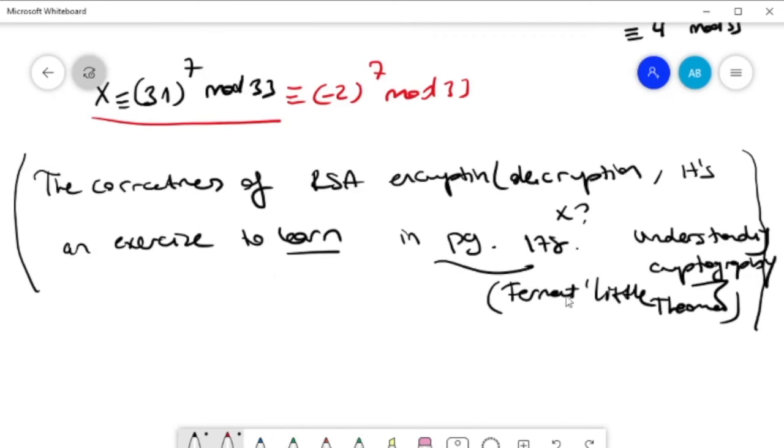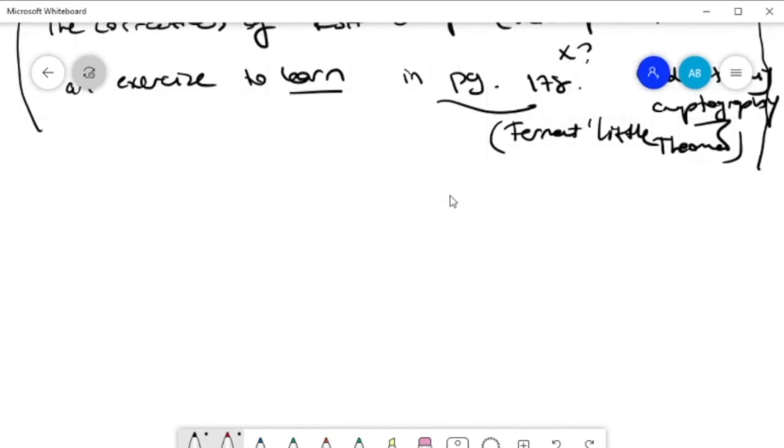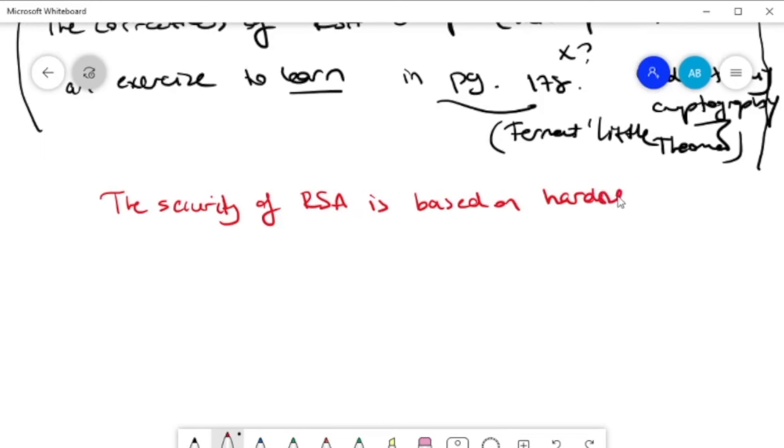So we are now moving to the security of RSA. The security of RSA is based on the hardness of factoring.